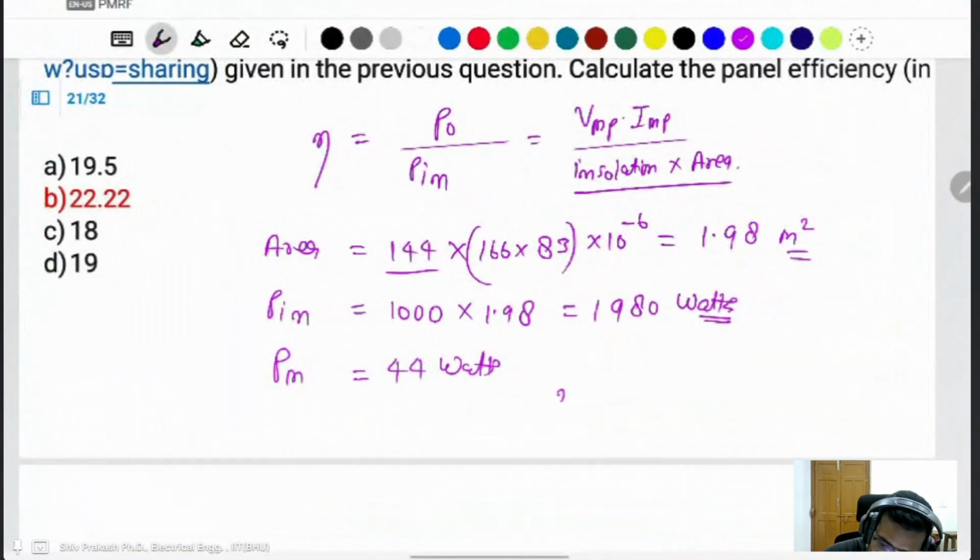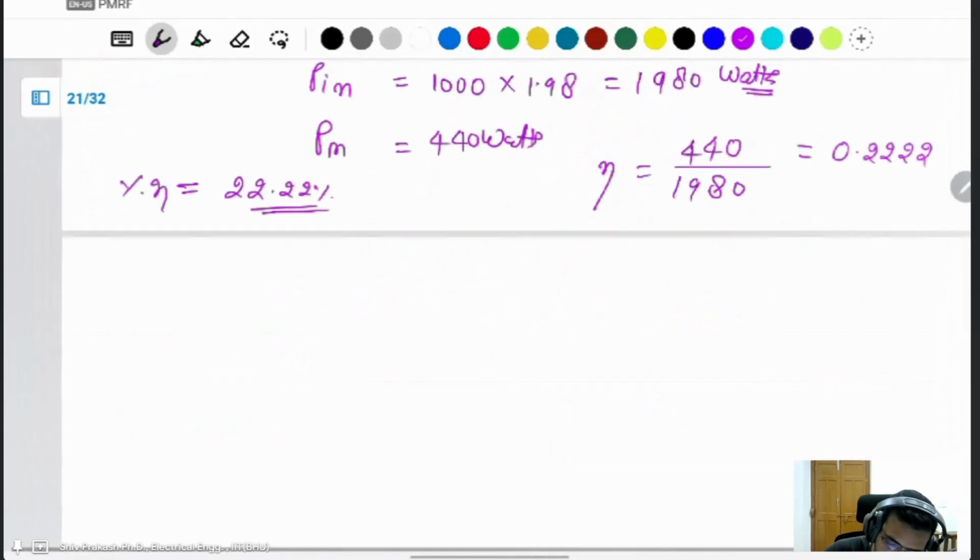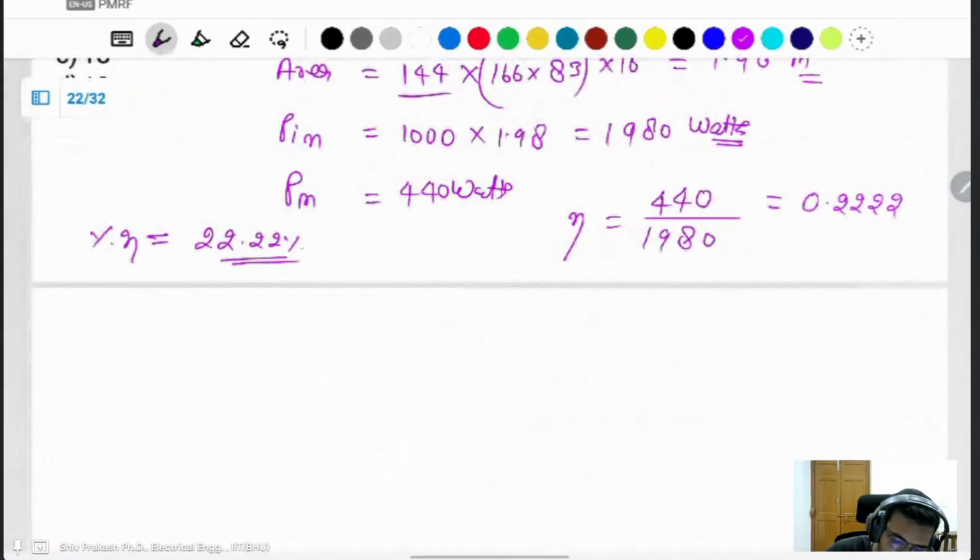Then efficiency is 440 watt divided by 1980. It comes to 0.2222. Then in percentage, multiplying by 100, it is 22.22%.